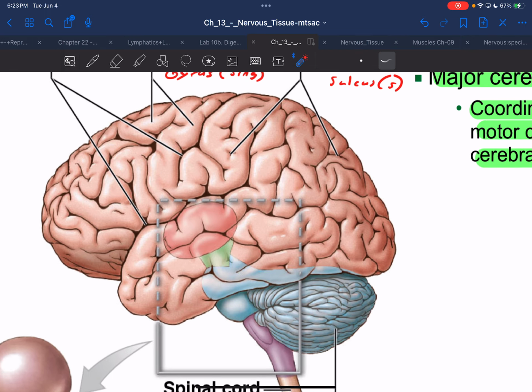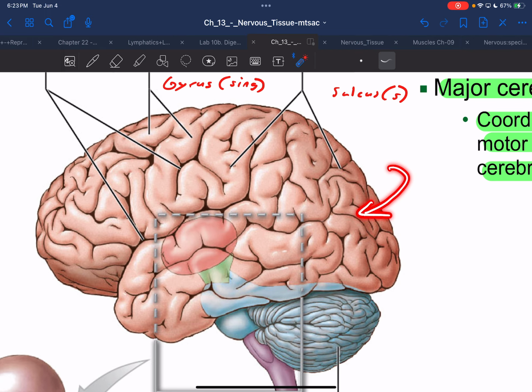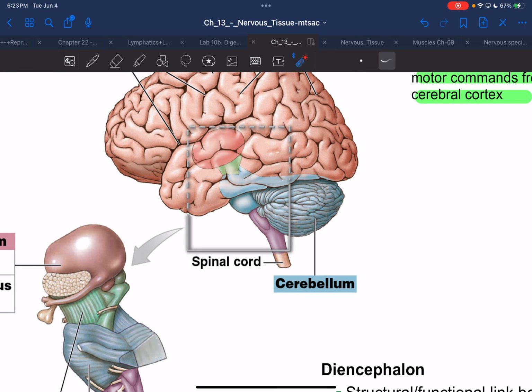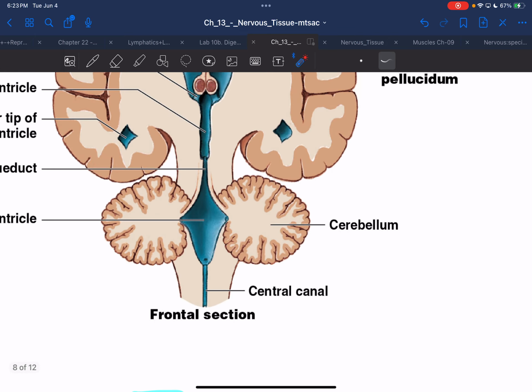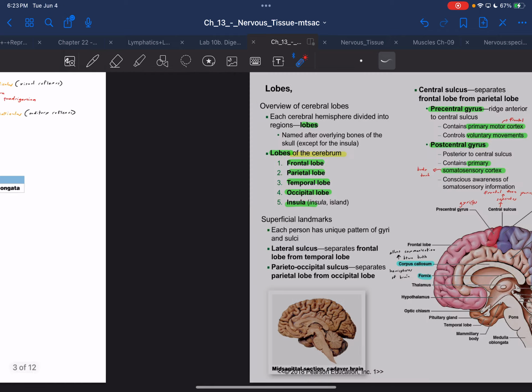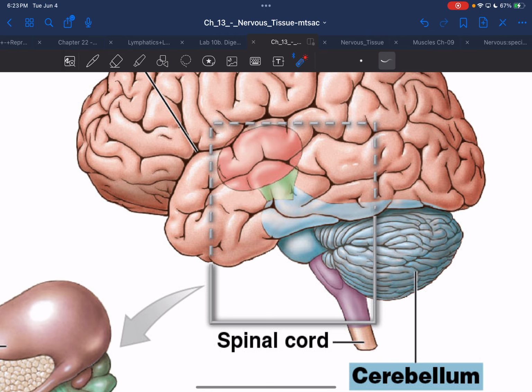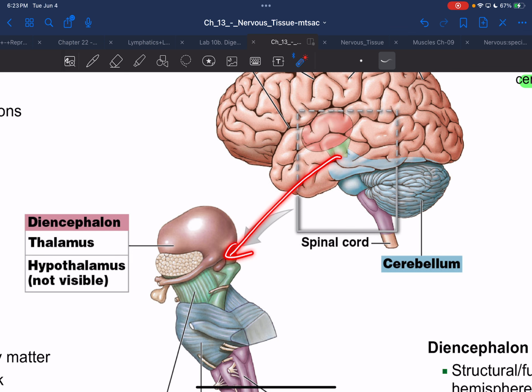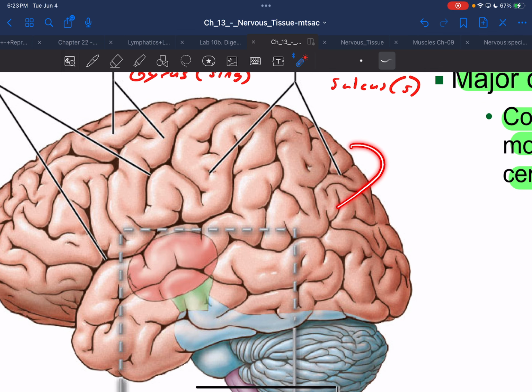The cerebrum is going to be the outer region that you see around the brain. It has these internal structures, and you can see they remove it out. So we're only focusing on everything on the outside right now.